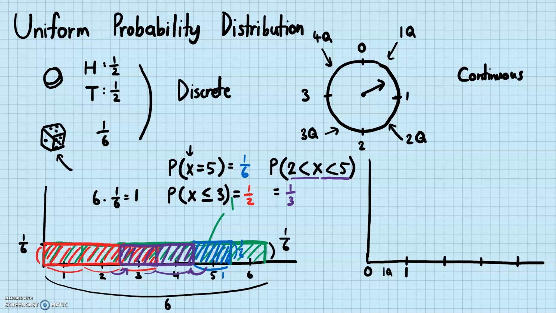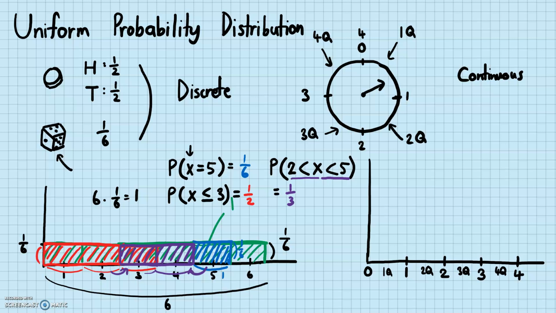The second quadrant is between 1 and 2. Third quadrant is between 2 and 3. And the fourth quadrant is between 3 and 0. But since this is a horizontal line, I'm just going to put a 4 here. We can imagine that there's a 4 there and say that that is between 3 and 4.